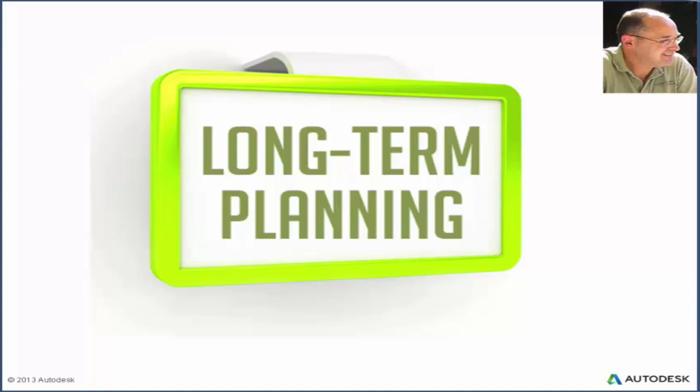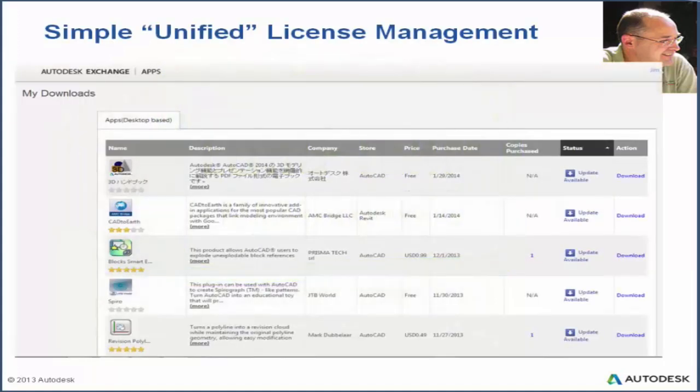And with that, I'm going to move on to long-term planning. So, things for you to think about. One is simple unified license management. It's becoming clear that as revenue through sales in the App Store increases, being able to manage customer licenses, being able to manage large numbers of licenses, and dealing with customers who manage licenses through things like Active Directory and LDAP.